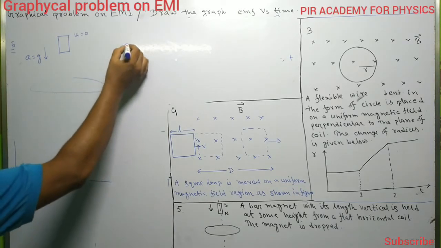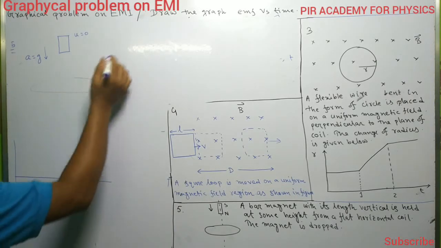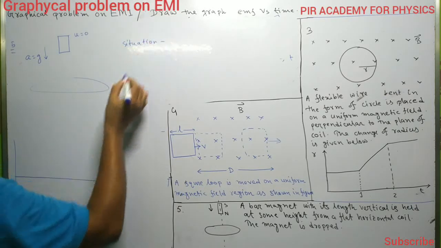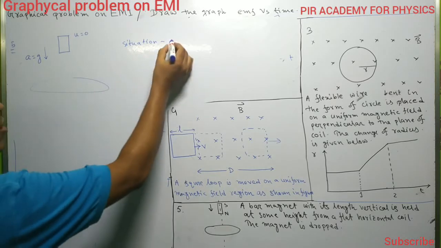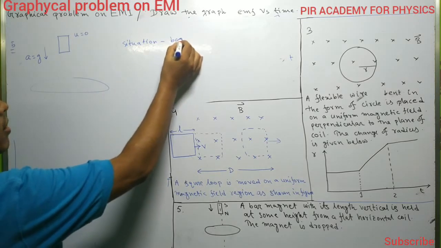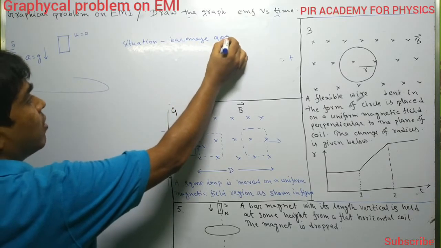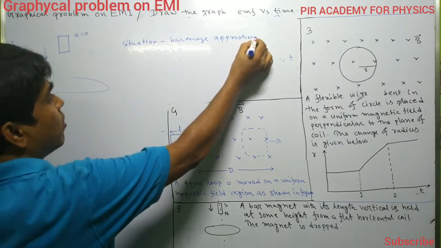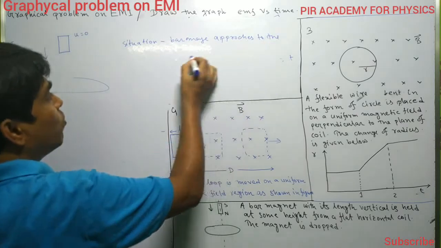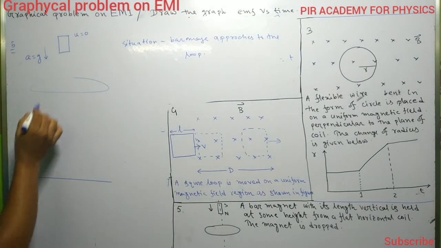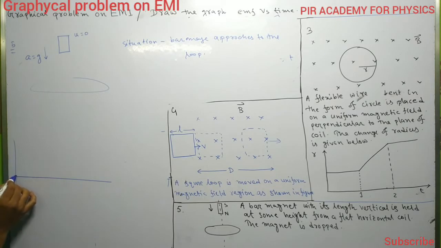There are two situations. Situation number 1, when this bar magnet approaches the loop, then the magnetic flux will change, then there will be an electromotive force.